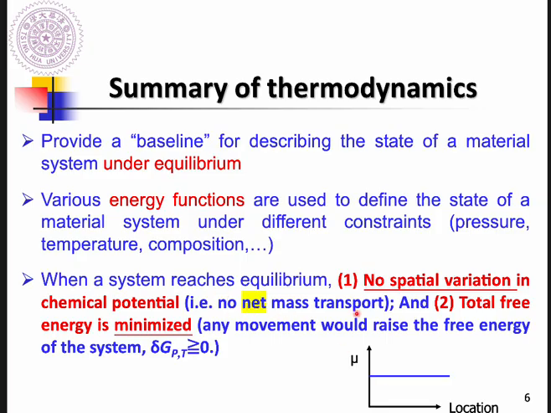No net mass transport. And the second criterion is that the total free energy is minimized, which satisfies the thermodynamics rule, meaning that the energy of the system is always minimized. How do we prove the total energy is minimized?